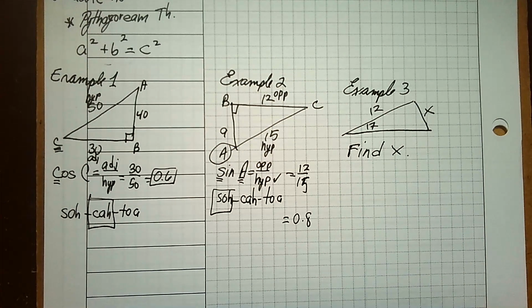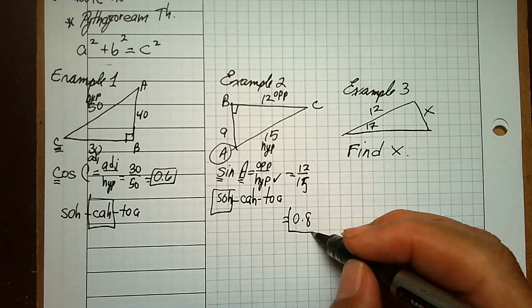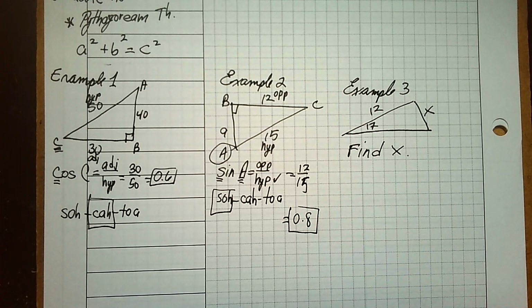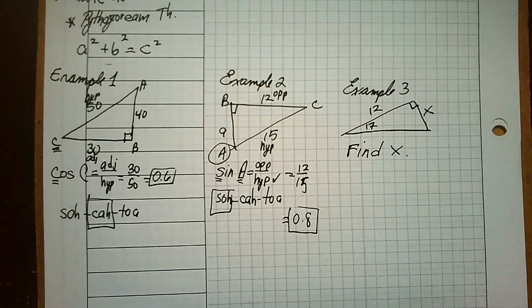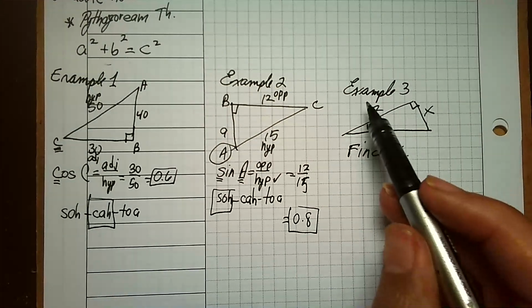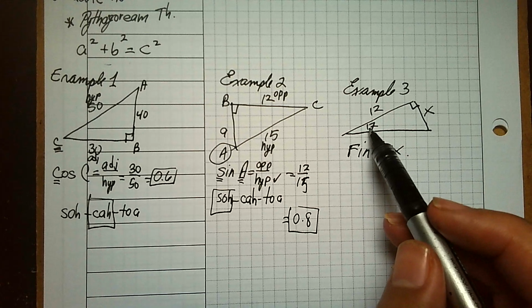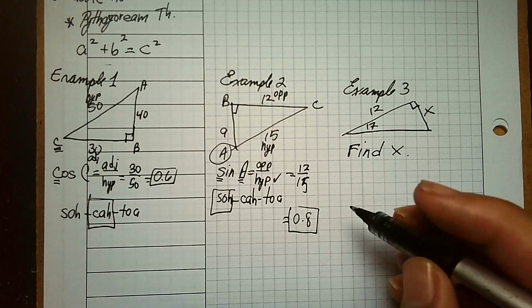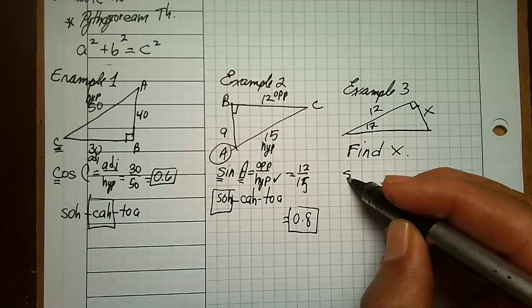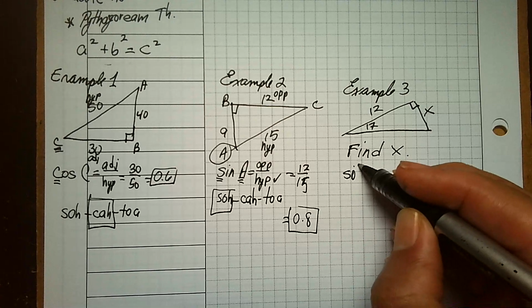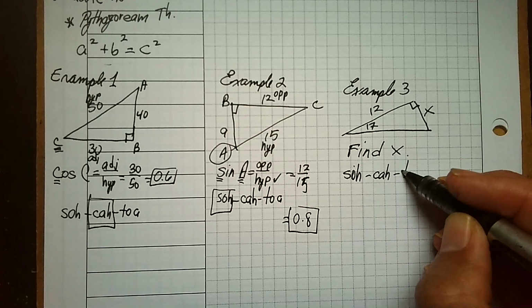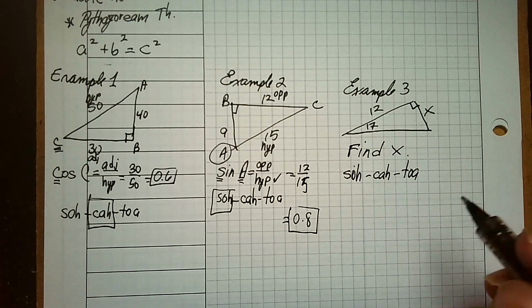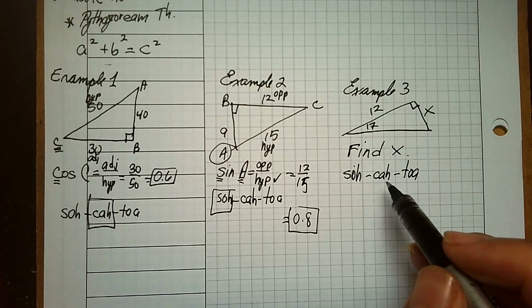Now, example number 3. They gave me a triangle, and this was a right triangle. They gave me two sides, and they gave me an angle. So I need to figure out which one I'm going to use. So I'm going to write SOHCAHTOA. Now they didn't give me sine, cosine, or tan, so I don't know which to pick.